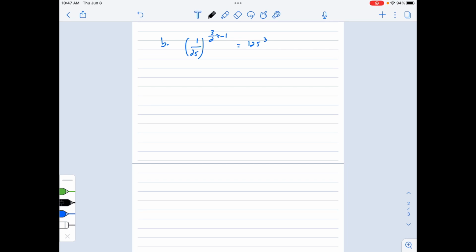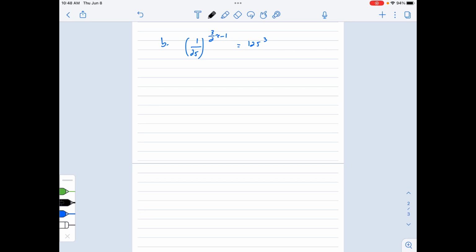And the next thing is, I have a positive on the other side. So from here, we're going to try to write both these expressions with the same base.